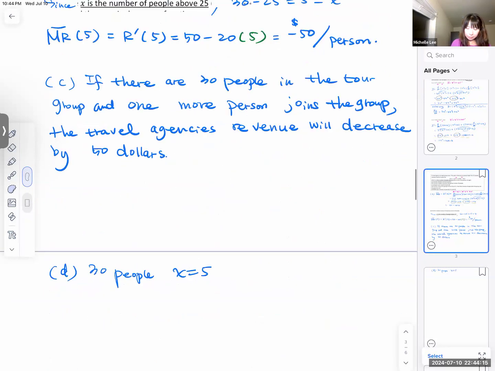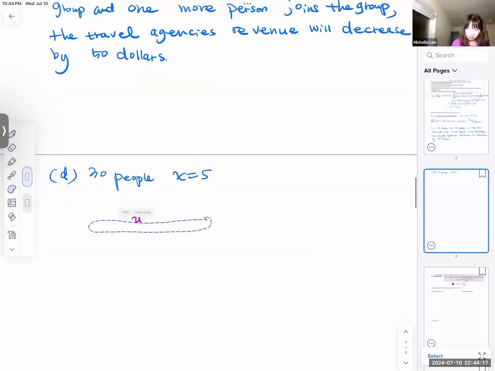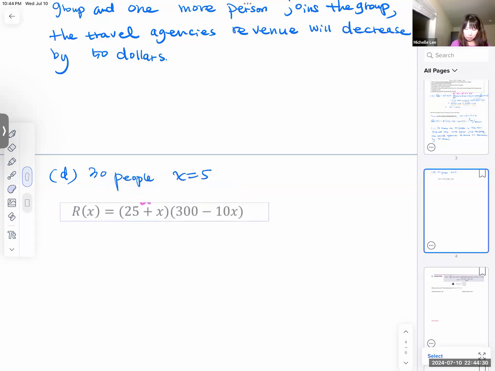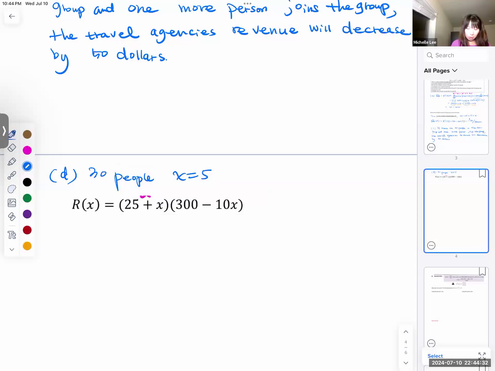Okay, so R of 5 equals (25 plus 5)(300 minus 10 times 5).